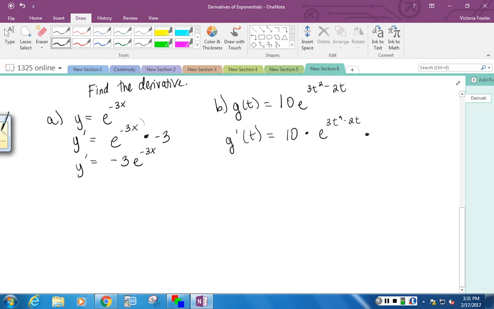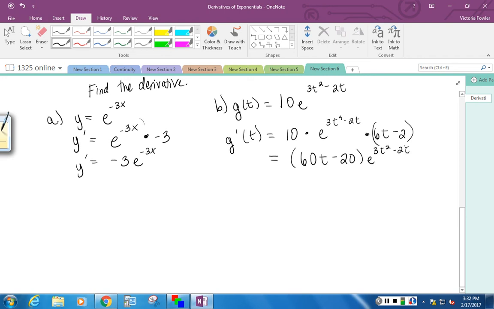And so I've got the derivative of 3t squared is 6t. And then the derivative of negative 2t is minus 2. And notice that's a quantity. So I'm going to get rid of these dots. I'm just putting that in there for sake of explanation right now. So I can move this quantity to the front. I can distribute that 10. So maybe I'll do that here, but I'm still going to be very careful on how I write this so I don't mess up and write something that I don't mean.